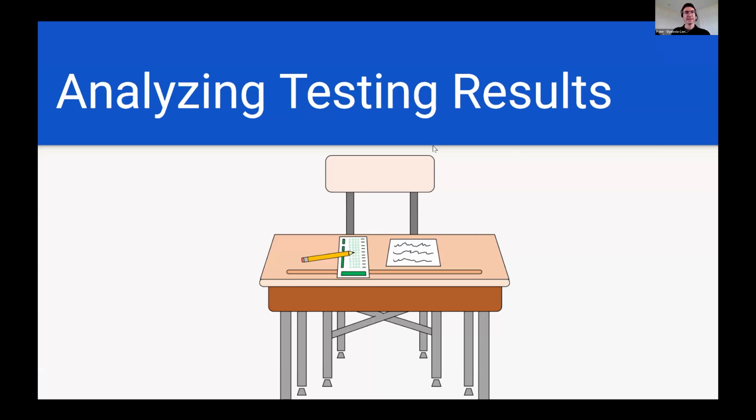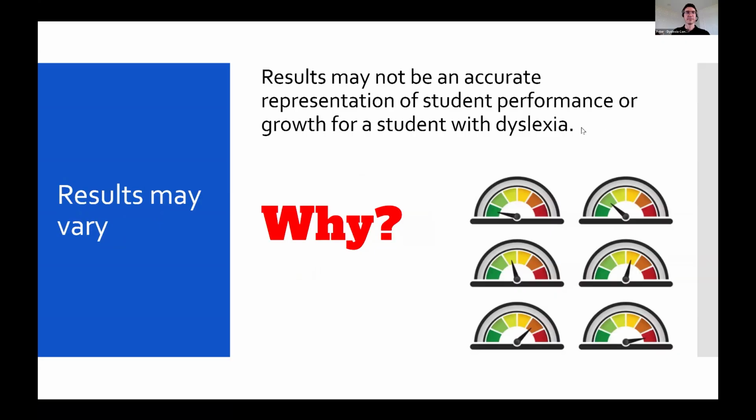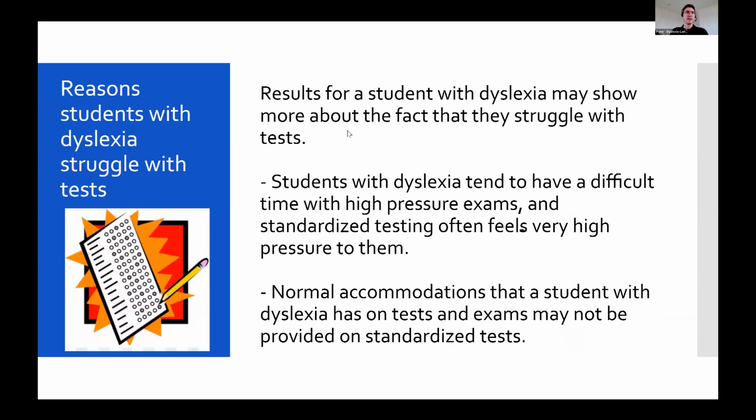Well, here's some things to consider when analyzing testing results. Results on standardized tests may vary a lot for a student with dyslexia, and those results may not be an accurate representation of their performance or growth. And of course, there's a question, why is this the case?